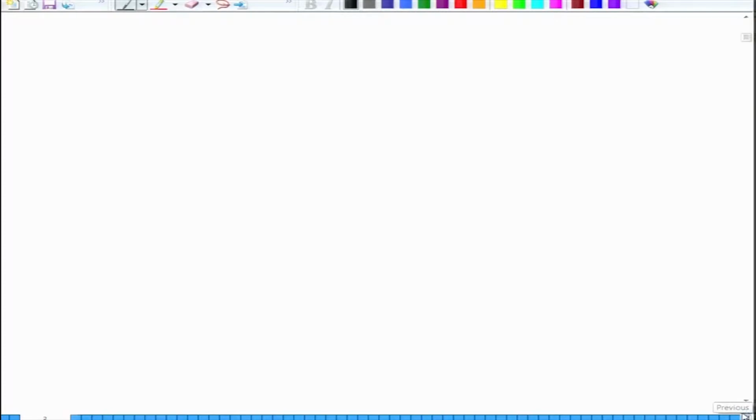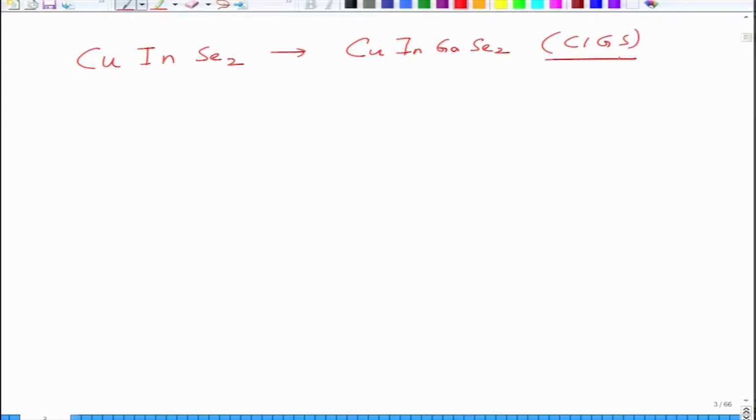Now, we discuss another technology which is basically copper indium selenide, but it is doped with gallium generally. So, essentially it is copper indium gallium selenide, or it is also called as CIGS solar cells.